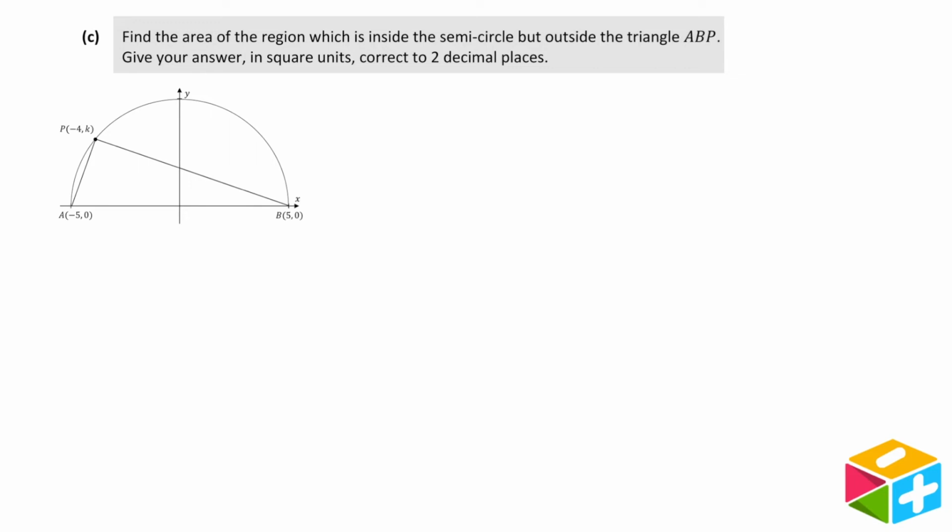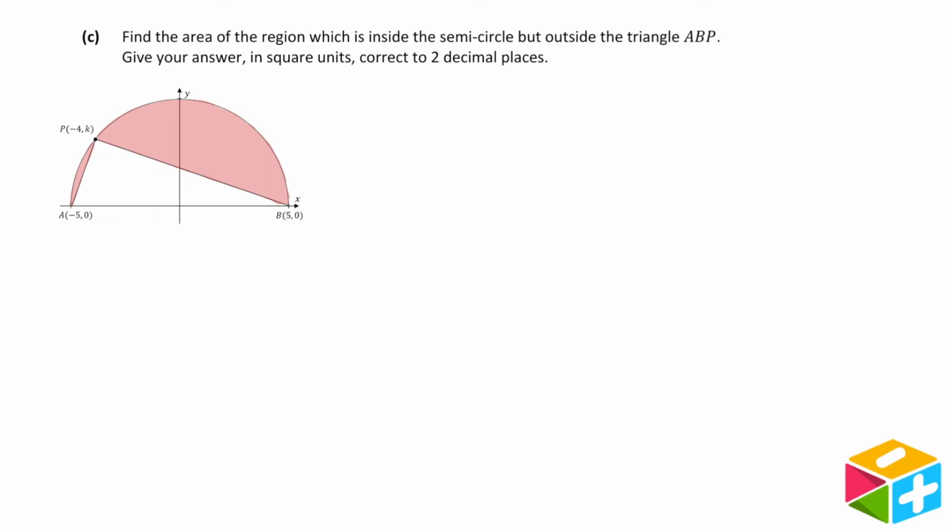Part C. Find the area of the region which is inside the semicircle but outside the triangle ABP. Give your answer in square units, correct to 2 decimal places. The region inside the semicircle but outside the triangle corresponds to this red region in the diagram.